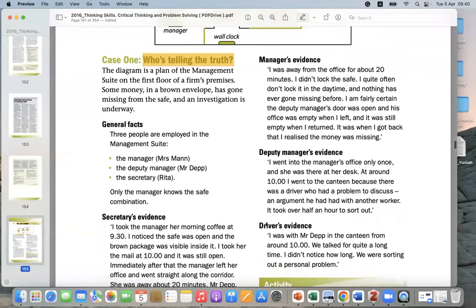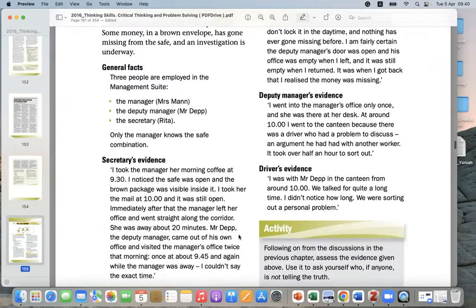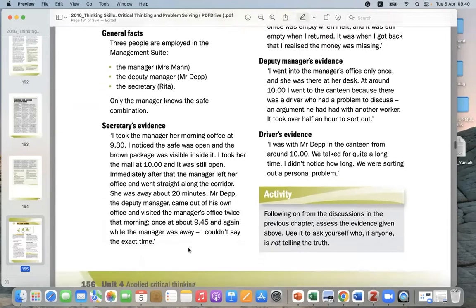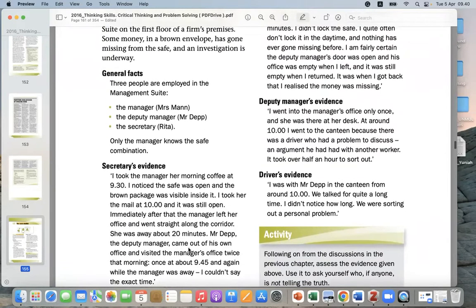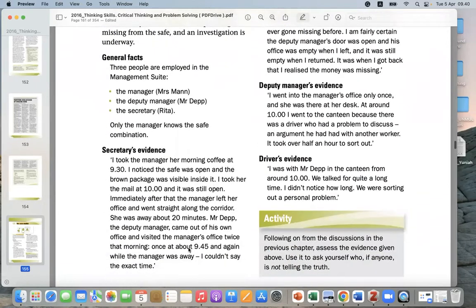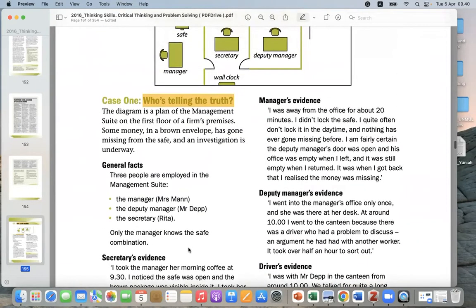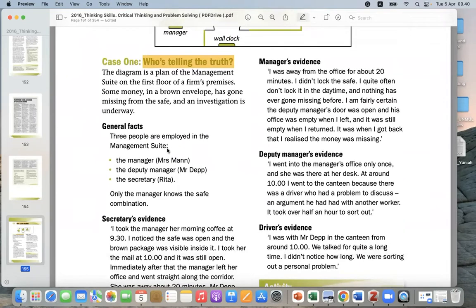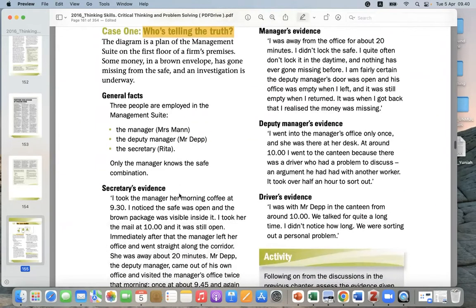Even the driver gives testimony, and you can read it by yourself at home. Learn it. Who is telling the truth, right?